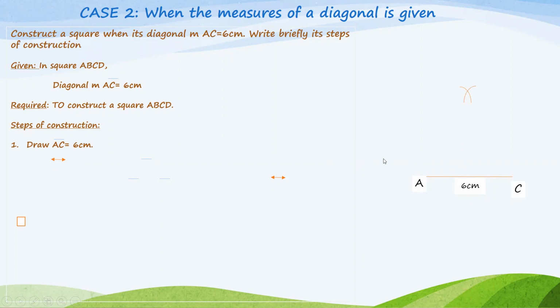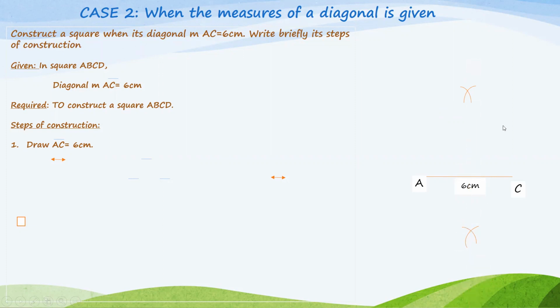Now step number 2, students: we have to put the compass at C. We open the compass more than half, and we draw two arcs, one above and one below the line segment.